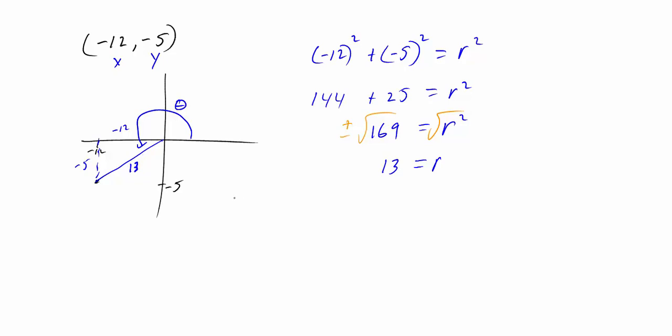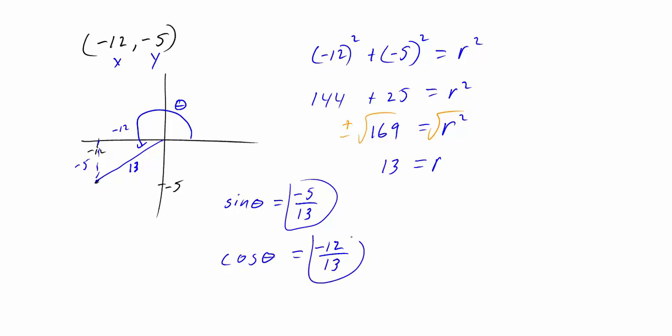So now we could easily go through and calculate what is the sine of the angle. Well, remember, sine is y over r, so our y value is -5. The r value is 13, so we have -5 over 13. And then the cosine function is x over r. So the x value is -12, so we would simply have -12 over 13.